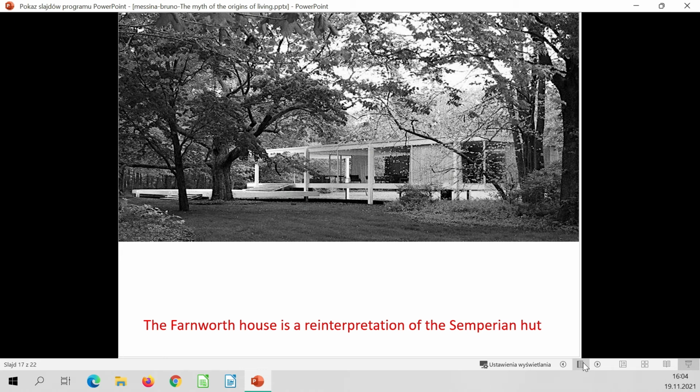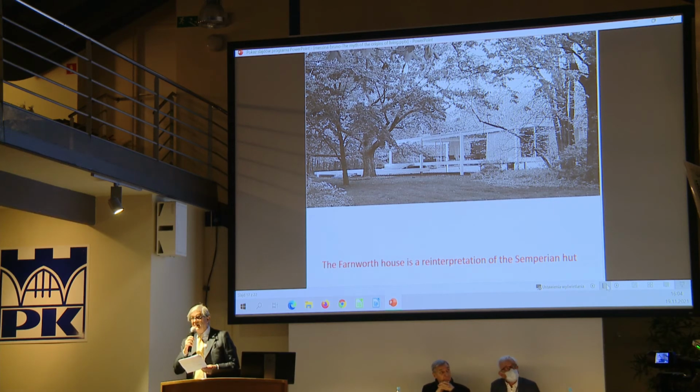The transparency of the envelope then cancels any solution of continuity between the architectural space and nature, defining a timeless place. The only symbolic element that refers to the function of living is the hearth of the fireplace.